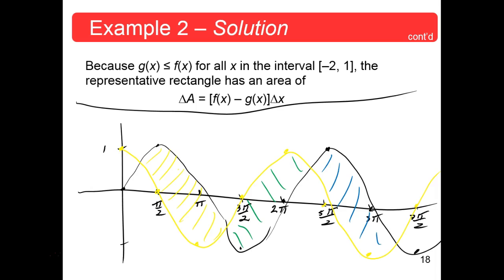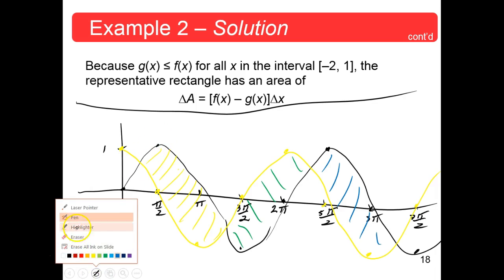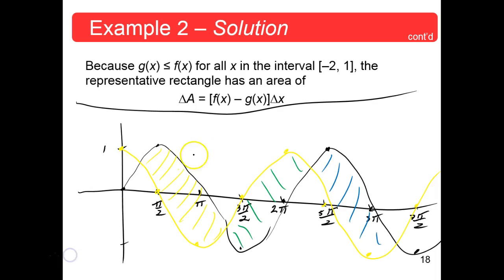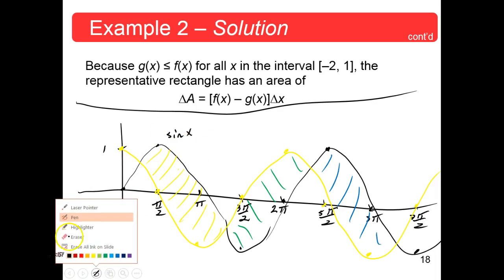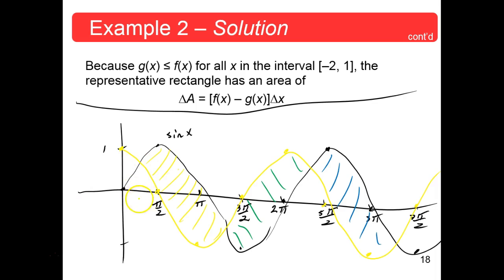Any ideas? It can look like something, but I wouldn't trust that until I tried it. Okay, and the black here is the sine function. And the yellow here is the cosine function. Okay?